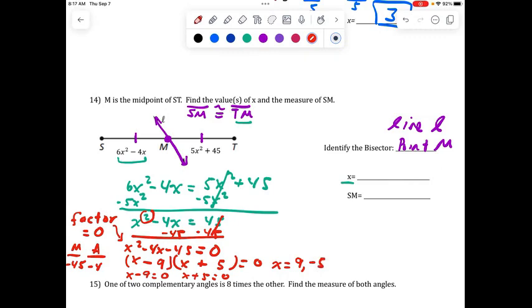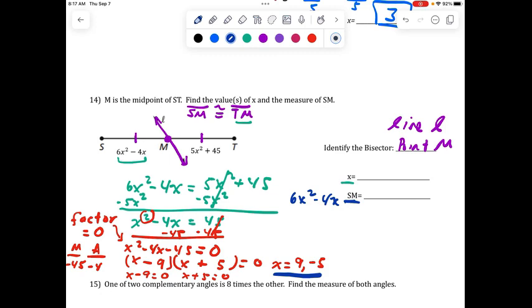So what we're going to do now is use this idea to check and see what we can find for the length of SM. So SM in this problem is symbolized by 6x squared minus 4x. And if either of these values here cause a segment length to be negative, then we cannot have that x value.